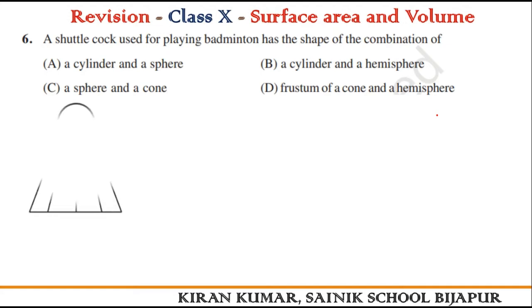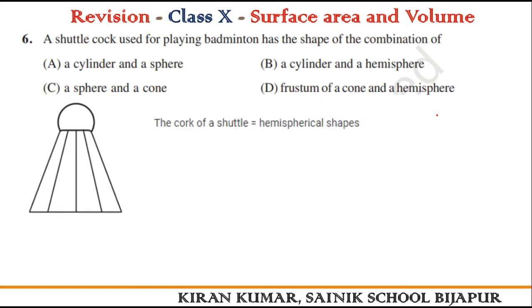A shuttlecock would look like this, and on the top we have a hemispherical shape, and at the bottom we have the shape of a frustum of a cone. So the right option is frustum of a cone and a hemisphere. Option D is the right answer.